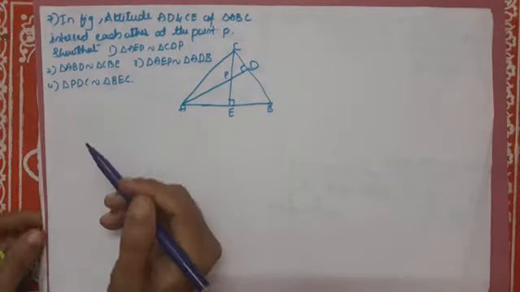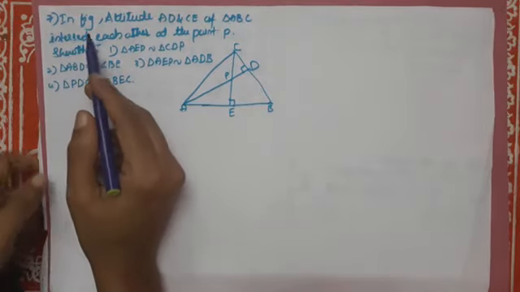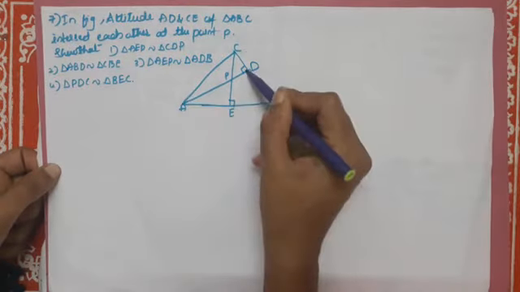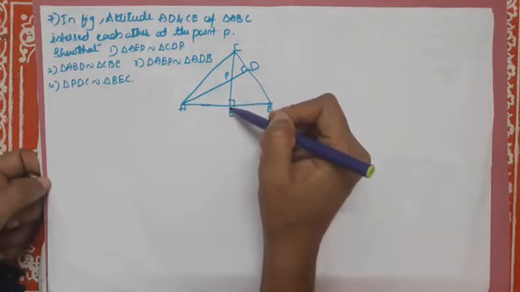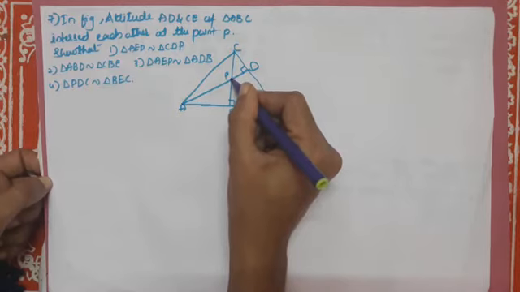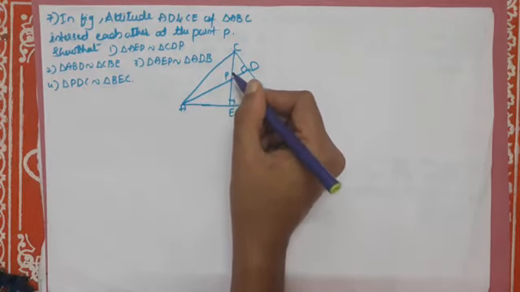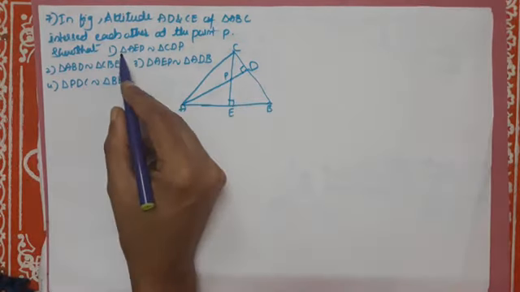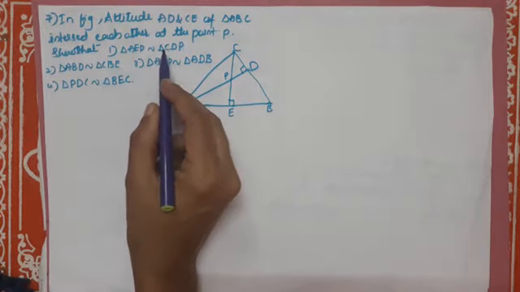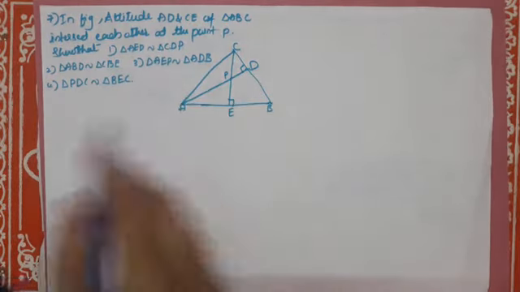So here in the 7th question, in the given figure, altitudes AD and CE of triangle ABC intersect at point P. We need to prove triangle AEP is similar to triangle CDP. We will prove one by one.